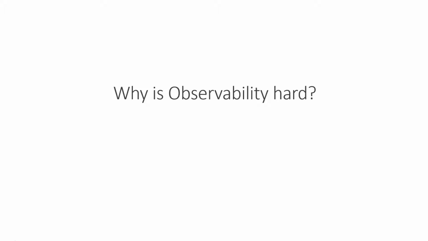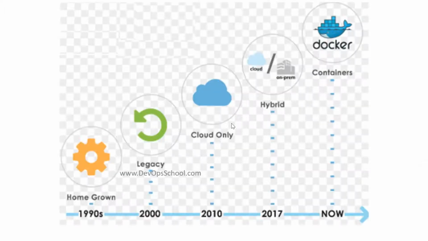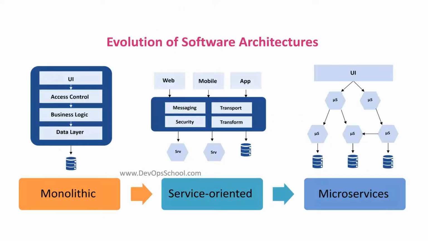But why is this very hard to set up? Most of the organizations are struggling to set up observability. Why? The reason is that we are changing the platform all the time. If you look at how we are evolving: cloud, then hybrid, then containers. Now we are running containers, Kubernetes, OpenShift, and all. Architecture is also changing.